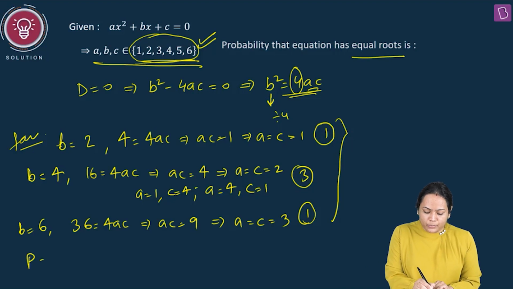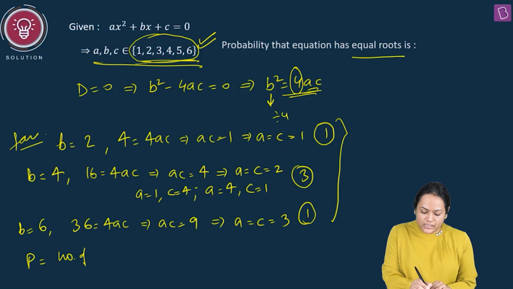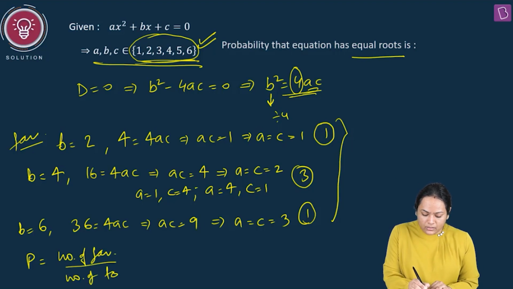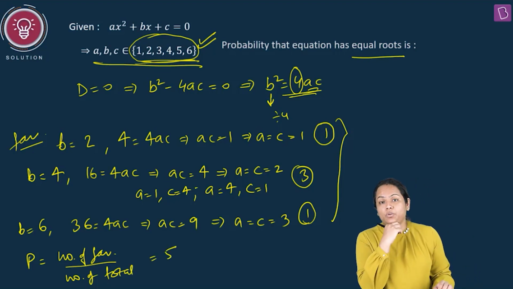So when I have to write the probability, you know the probability, it's number of favorable cases divided by the total number of cases, right? So the favorable cases are 5. What are the total number of cases possible?